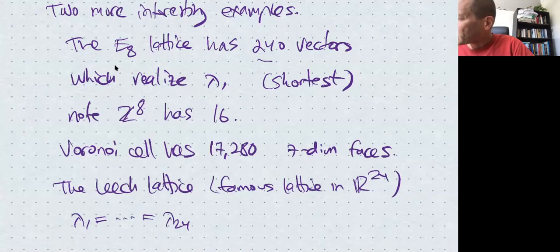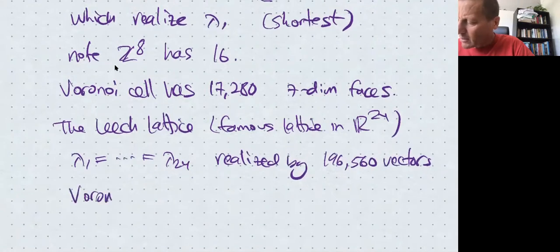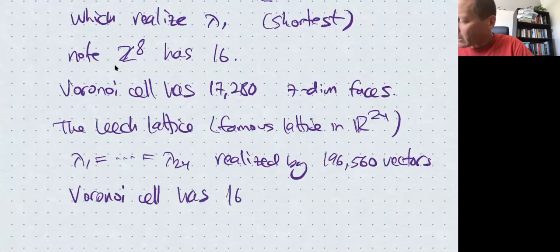This is realized by 196,560 vectors. So lots and lots and lots of vectors. Its Voronoi cell has 16 million and some number of faces.